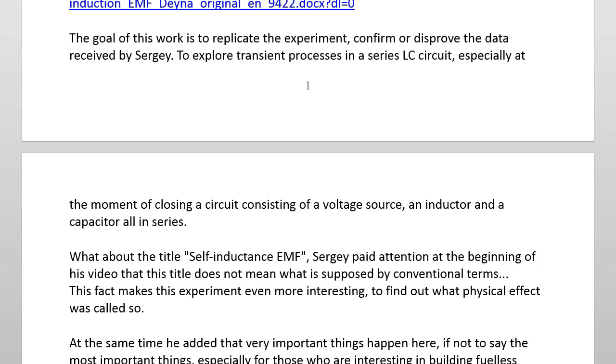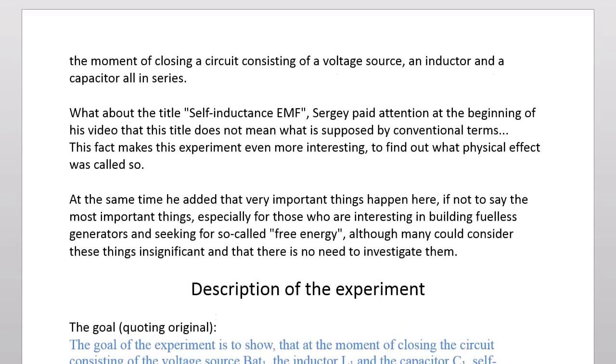What about the title, Self-Inductance EMF? Sergey paid attention at the beginning of his video that this title does not mean what is supposed by conventional terms. This fact makes this experiment even more interesting, to find out what physical effect was called so.